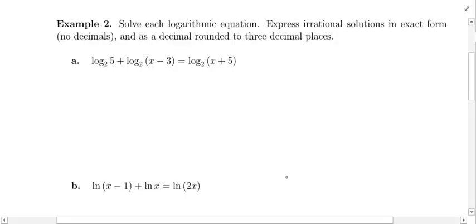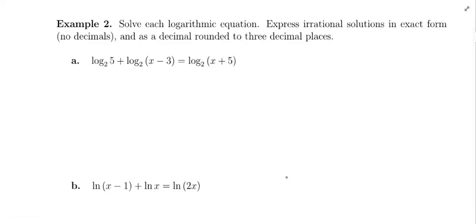In example 2, it says solve each logarithmic equation. Express irrational solutions in exact form, no decimals, and as a decimal rounded to 3 decimal places. In part A, the logarithmic equation is log base 2 of 5 plus log base 2 of (x minus 3) is equal to log base 2 of (x plus 5).